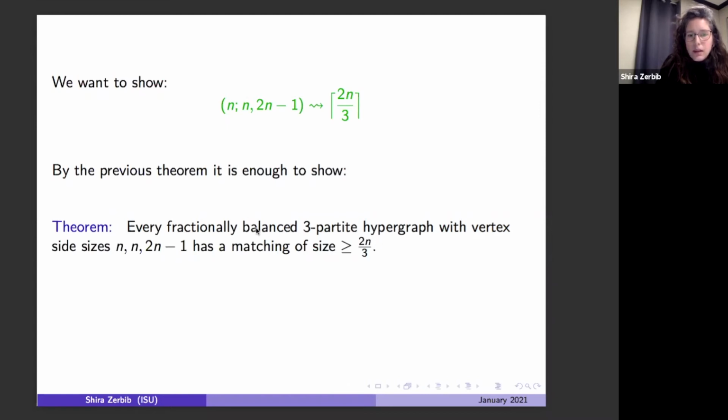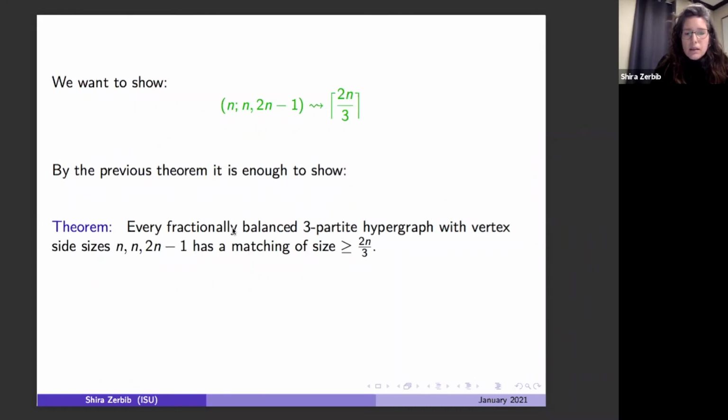Okay, so this is the theorem that I want to prove now. This is a theorem completely on hypergraphs, three-partite hypergraphs, on matching numbers of such hypergraphs, and it doesn't deal with cakes at all.